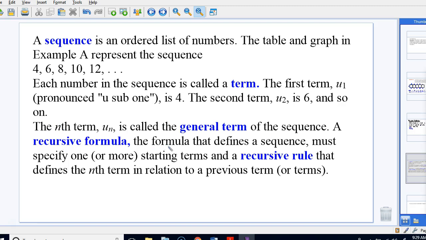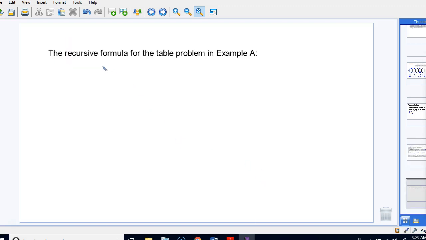A recursive formula, the formula that defines a sequence, must specify one or more starting terms, and a recursive rule that defines the nth term in relation to a previous term, or terms. Sometimes you might need more than one. So if we do the recursive formula for the table problem in example A, we'd say u sub 1 equals, so when we had 1, that 1 in this case could represent the table number, all right?